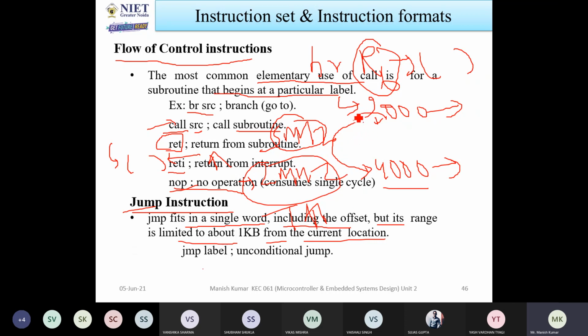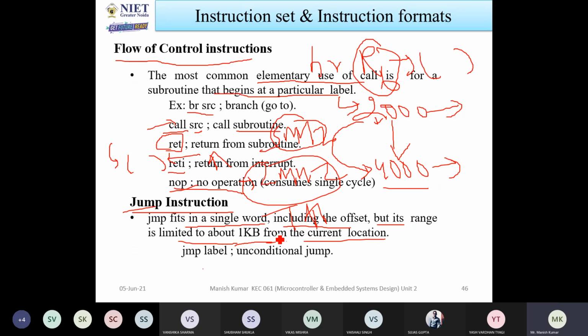If the program is running at the 2000 location and you want to jump to the 4000 location, then you can directly use the jump instruction and proceed further. Okay, but you cannot jump more than 1 KB of memory. So with the help of the 1 KB range, you are going to find the address, and that particular address is the maximum you can jump to.